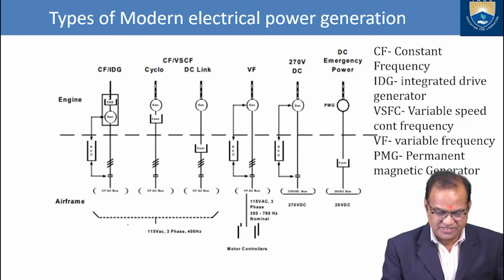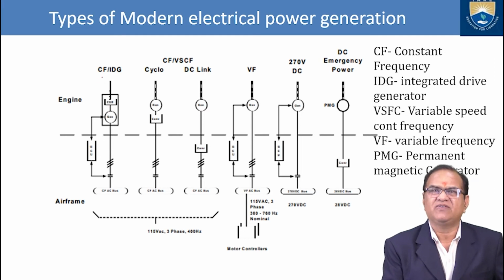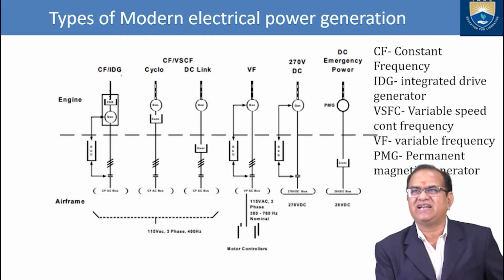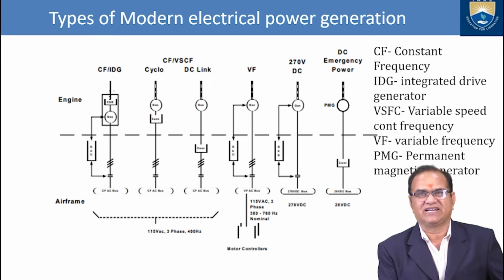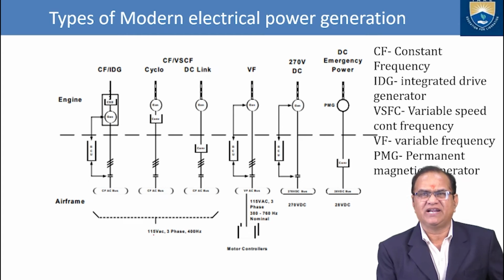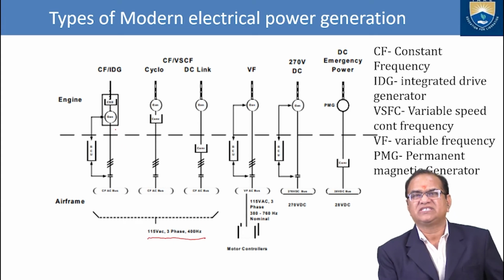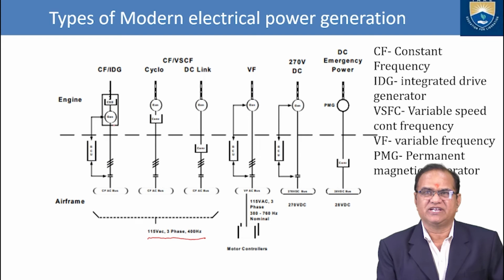If you see here, as per the initial stage, it was engine, then a generator, and here we have constant frequency and integrated drive generator. Very simple generators, and these normally provide 115 volt 3-phase 400 hertz. This is the power supply of this type of basic generator.